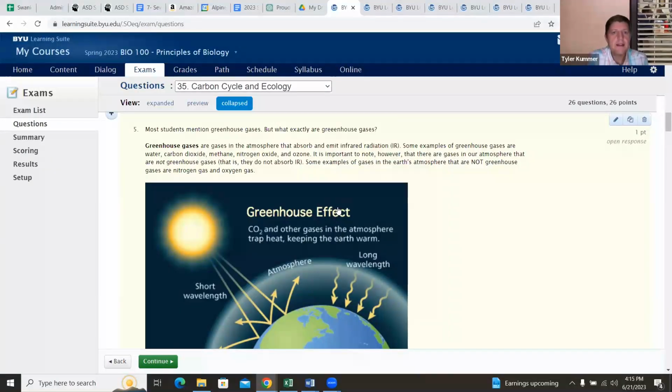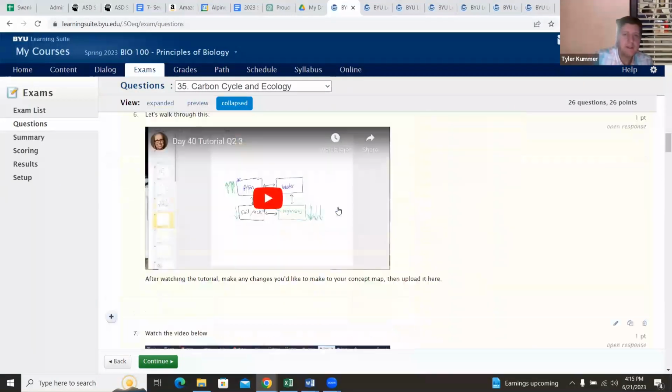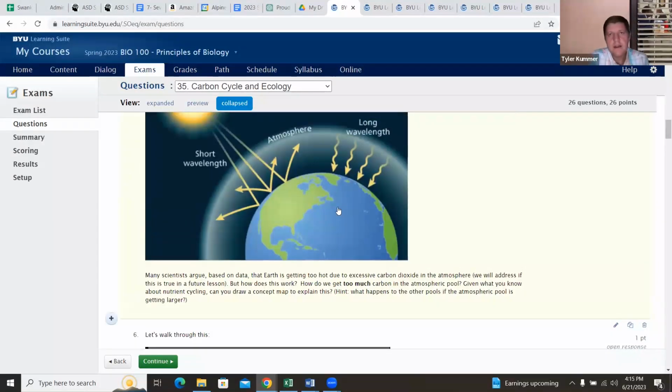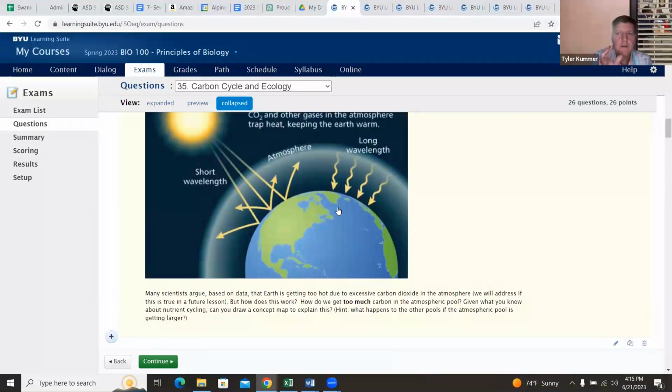And when we look at the data, I went through this in my lecture here on climate change. When we go through the data, there's really strong evidence that there is a warming of the planet. And when we look at the potential causes for that, it's quite clear that the thing that's increasing are greenhouse gases.